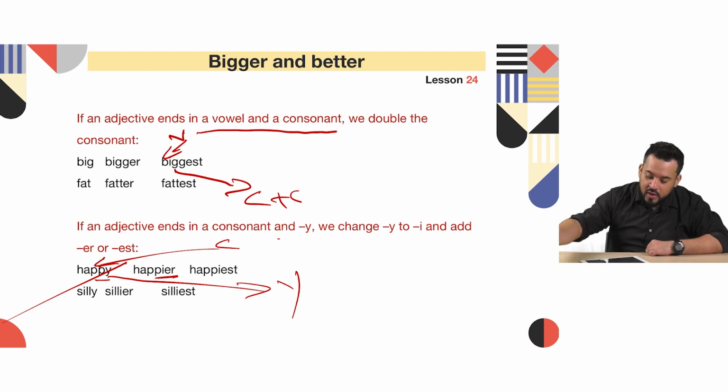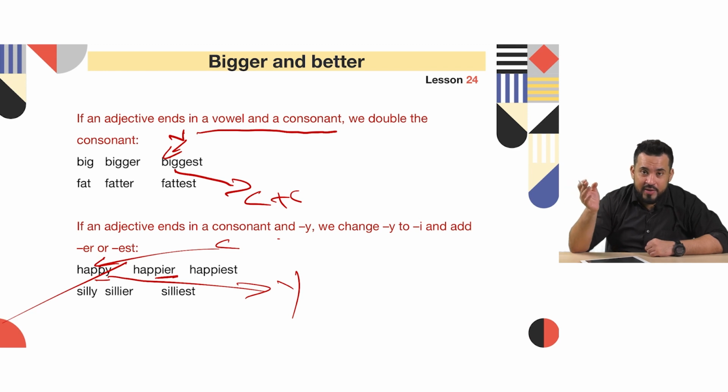If the Y comes after a consonant, we always remove the Y and add IER, whether we're making it into a plural or whether we're making a comparative adjective or a superlative adjective. We always delete the Y and add the I, and then ER, EST, or S in case of plurals.